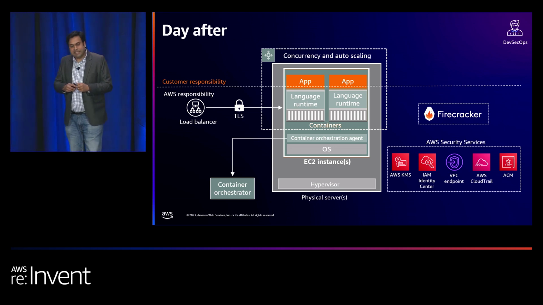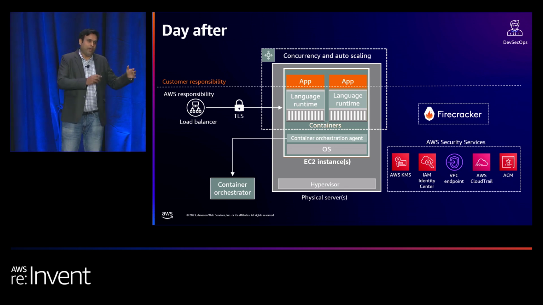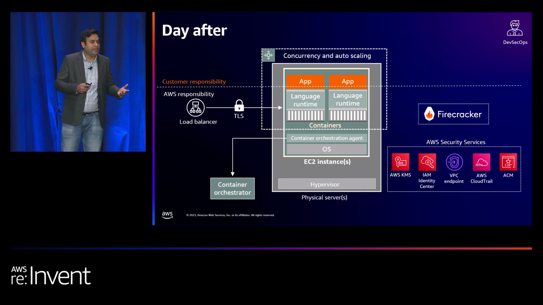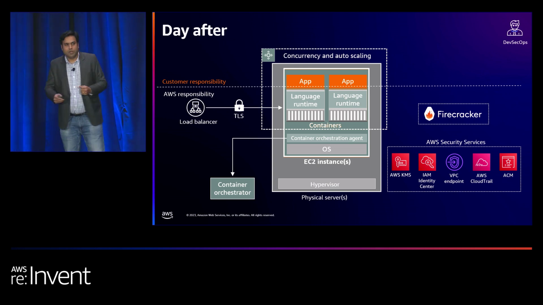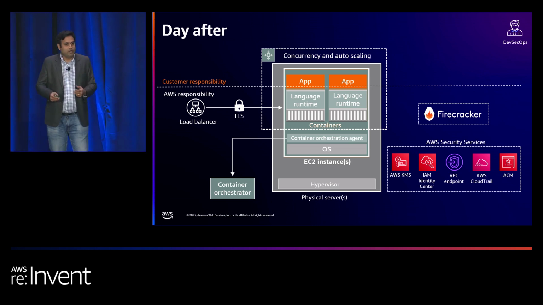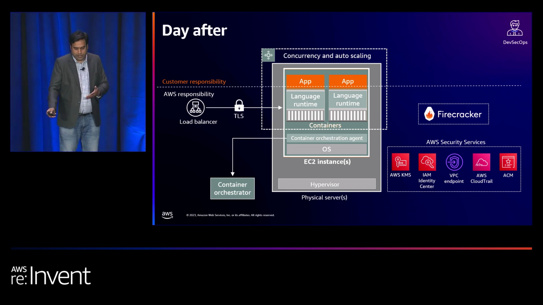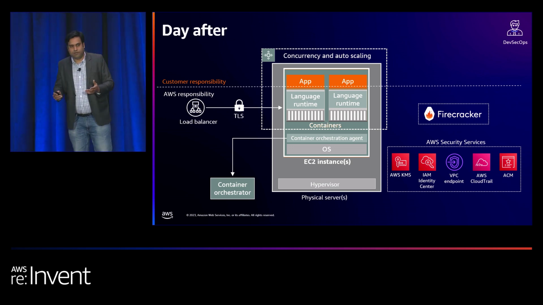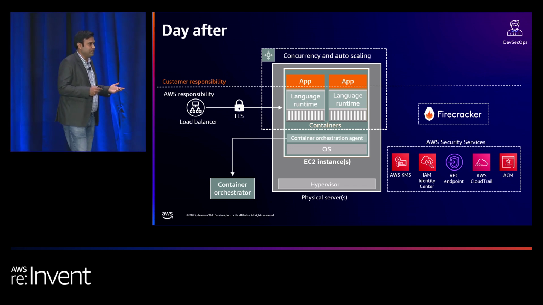The next is ACM, which is AWS Certificate Manager. In the day before, you learned about how difficult it is to manage certificates because it requires a lot of manual intervention. But AWS Certificate Manager enables you to provision and deploy certificates, which are public as well as private. You can request the certificate through the ACM portal, and you don't have to worry about the renewals because ACM will take care of managing them.